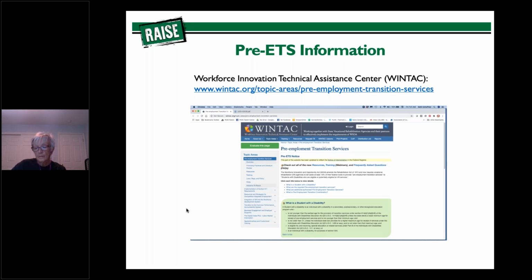We started our partnership with Pre-ETS through that training, having them come on the second day to provide an overview of Pre-ETS and to talk about the services and give parents and professionals an opportunity to not only ask questions, but make that one-to-one connection with that Pre-ETS manager or Pre-ETS counselor in their region.